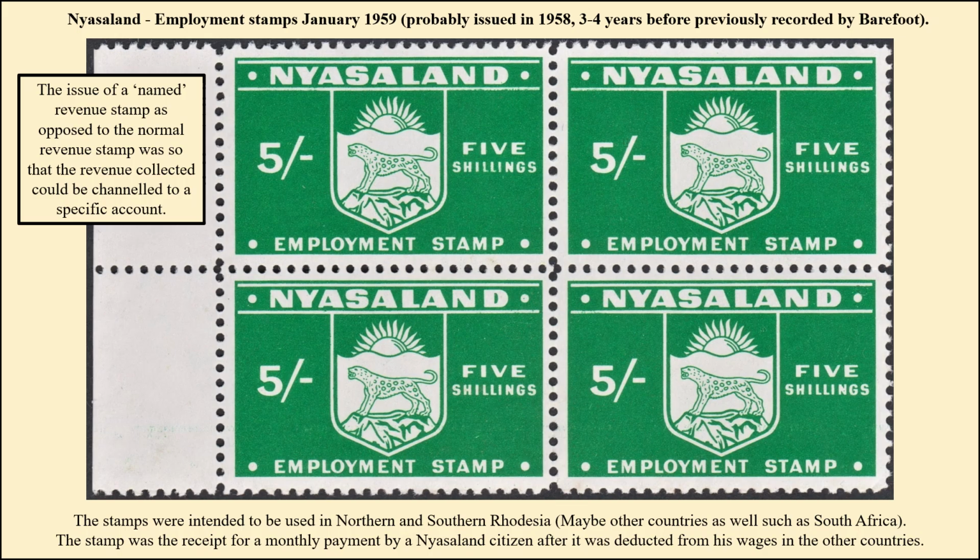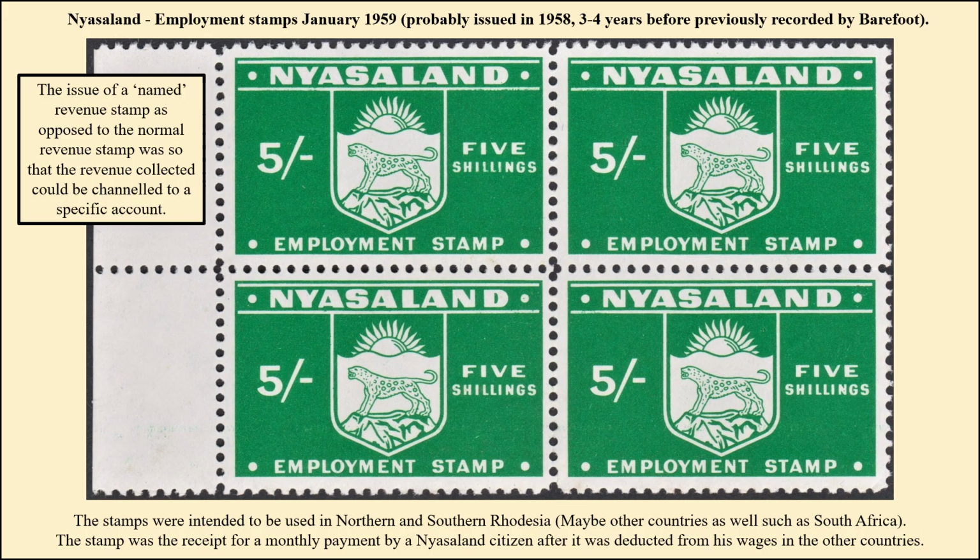Incidentally, although it says Nyasaland, the revenue was for Nyasaland, but the usage was in the other two countries, Northern Rhodesia and Southern Rhodesia, where the employee paid and the money was collected and paid back to the Nyasaland government as a tax on that specific person.